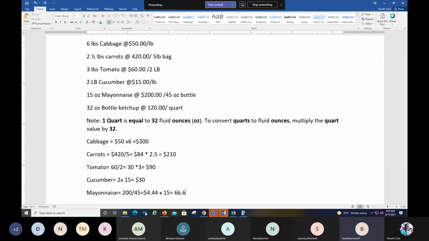Hold on, 4.44 times 15 is $66.60. Remember, if you have a 6 in the first decimal place, that's how it must be written.